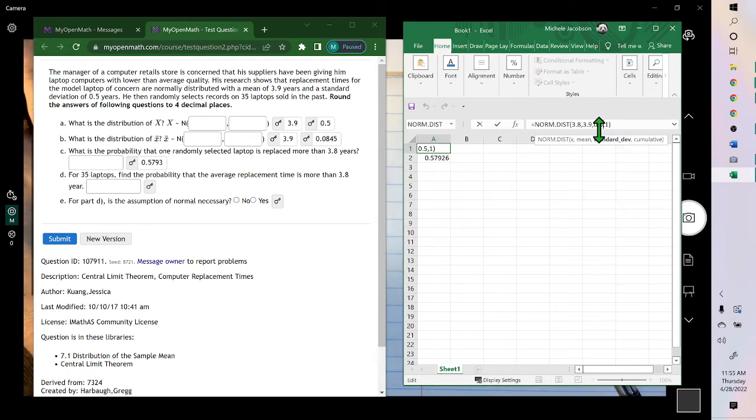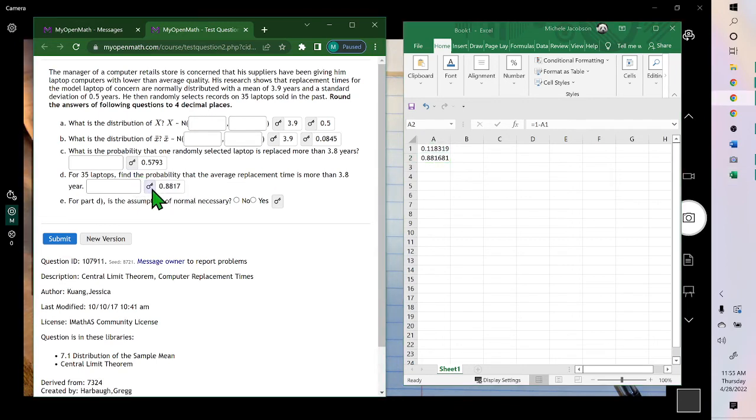So I could go right here and replace the 0.5 with the standard deviation here, 0.0845. So all I did was replace that and then hit enter, and it found it and it subtracted it from 1. There you go.